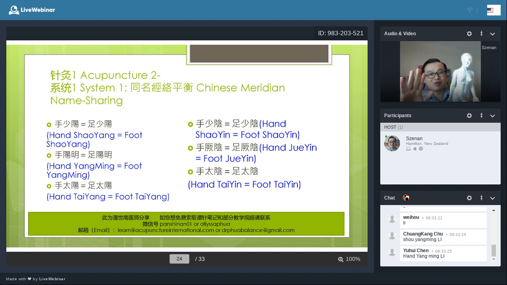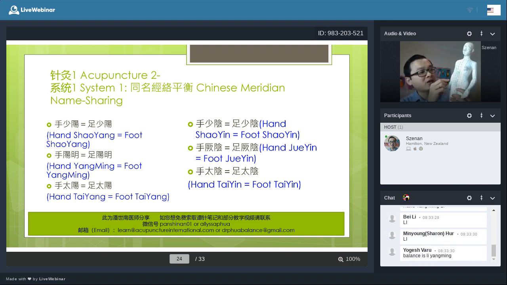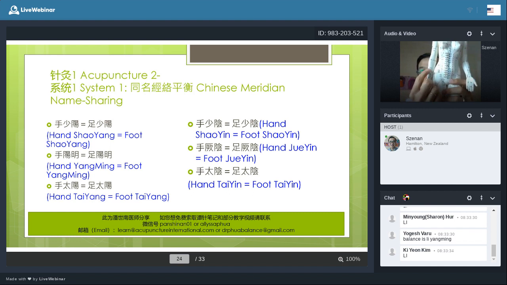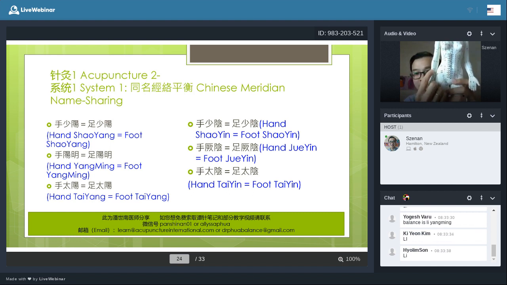Now, another one. If the pain's over here, this is lung meridian, on the right side. Now, acupuncture 1, the sick meridian is lung meridian on the right side. Acupuncture 2, the balance meridian is Foot Tai Yin spleen meridian.